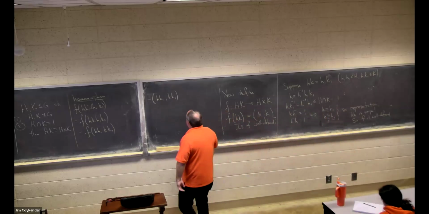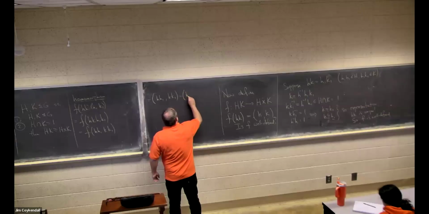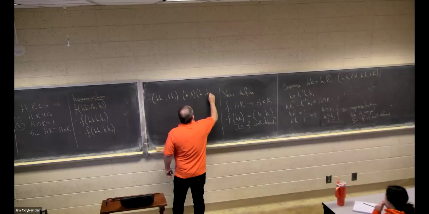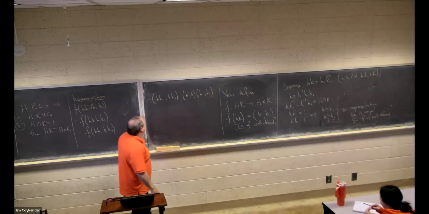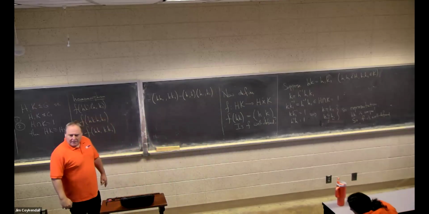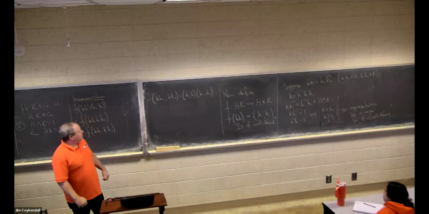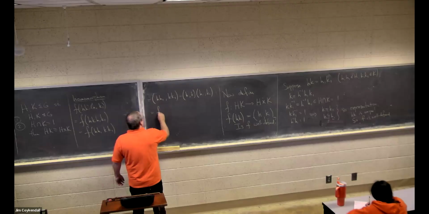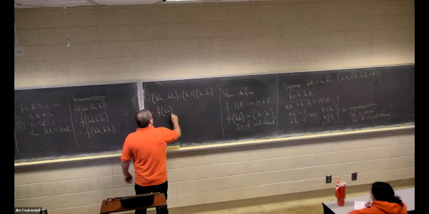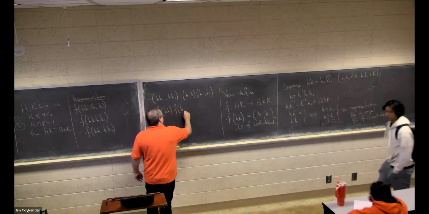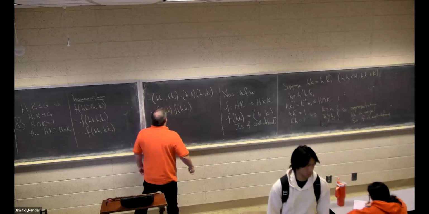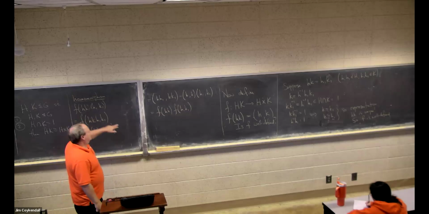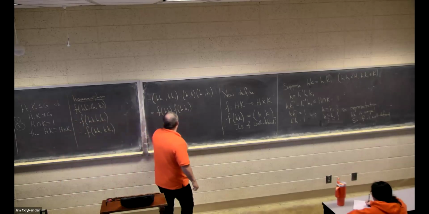And I don't know much, but I do know this, because that's the way multiplication works in the direct product. So it's a homomorphism. f of the product is the product of the f's.